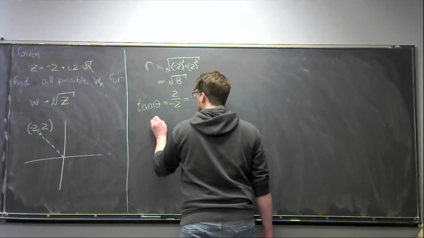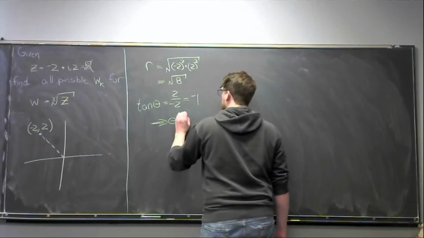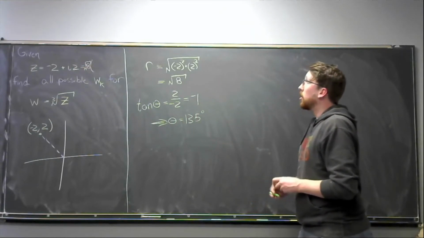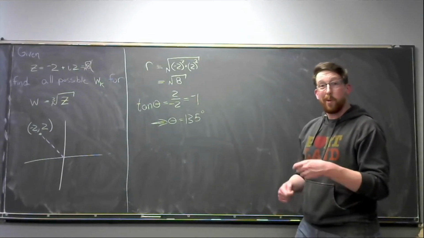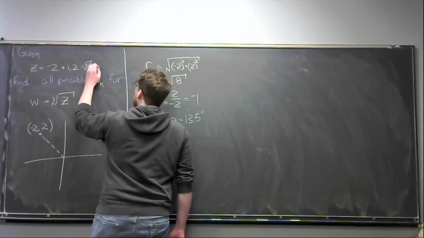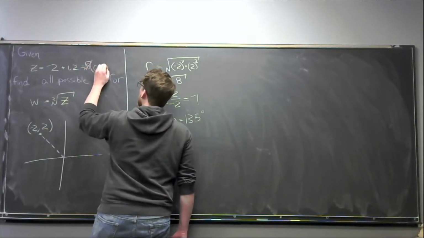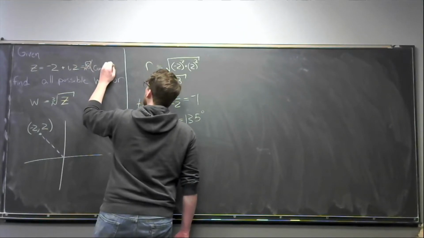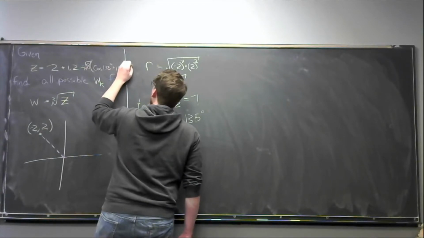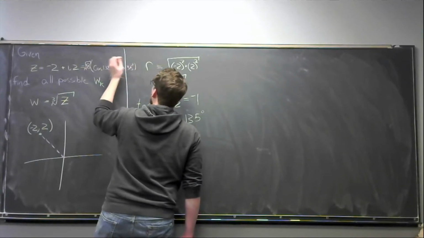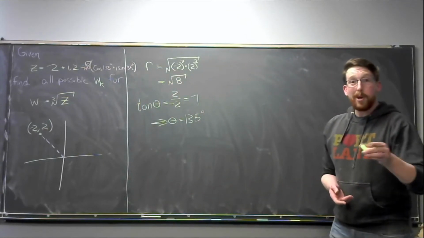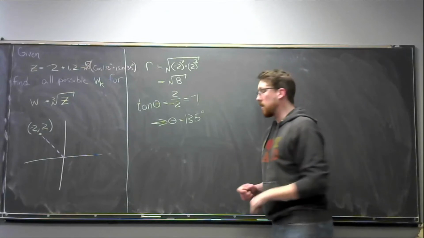So this tells us theta is equal to 135 degrees. So our original complex number we can rewrite as the square root of 8 times the cosine of 135 degrees plus i times the sine of 135 degrees, and now we can apply that formula we were just talking about a minute ago.